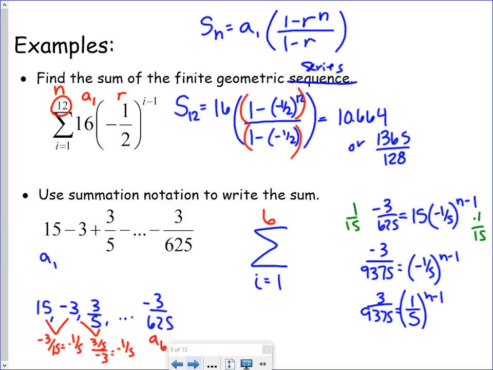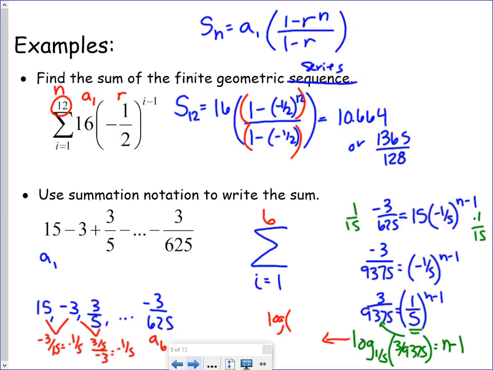So you can't really divide by -1 there, but if you think back to Monday, the negative is just the thing that's alternating my sign. So now I'm going to start at my base, which is 1/5. I'm going to say the log base 1/5 of, and then I've got to go around the equal sign. So 3 divided by 9,375 should be equal to n-1. And then if you'll remember back to chapter 3, I can evaluate this log.